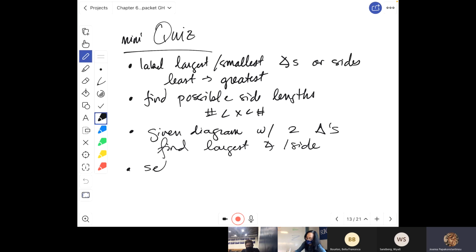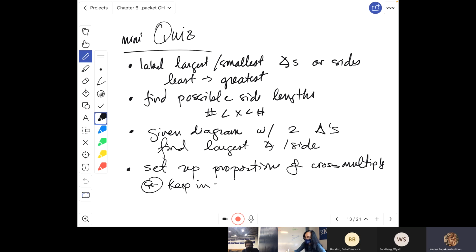And then lastly, you should be able to set up proportions and cross multiply, and remember, keep in mind those properties of proportions.